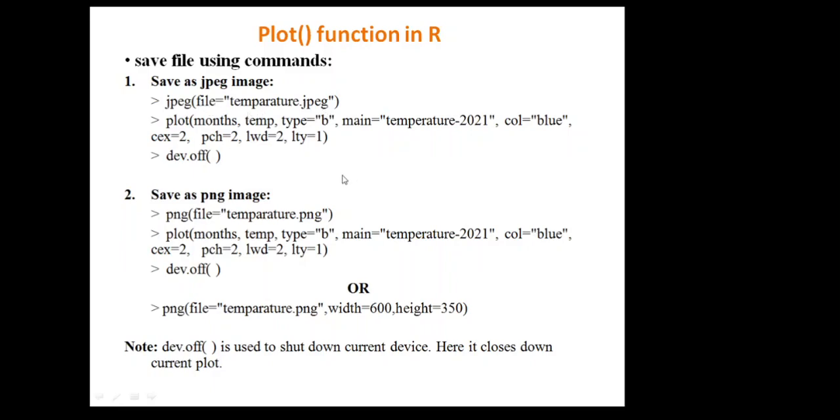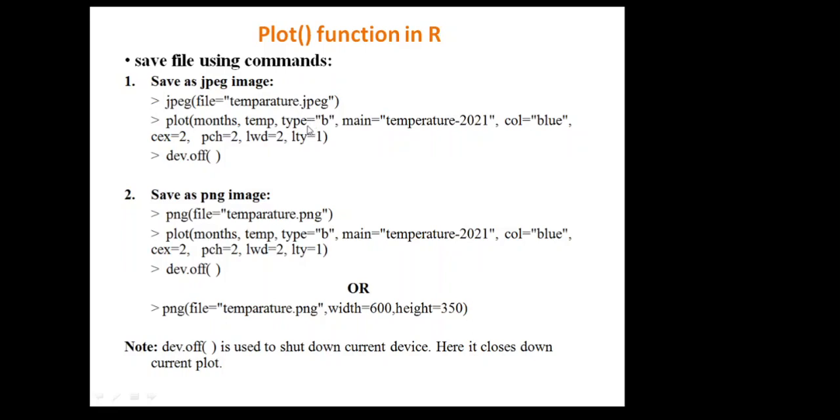I have created a temperature graph, and now I am saving it as a JPEG image. So file equals temperature.jpg. Now if you only give a name of the file in that file parameter, then this particular plot will get saved in the default working directory.